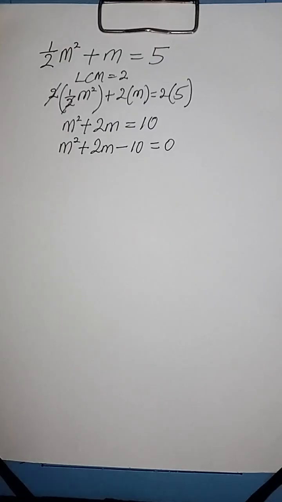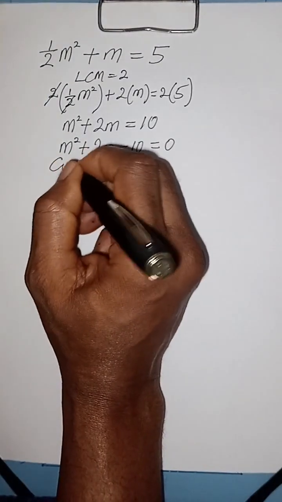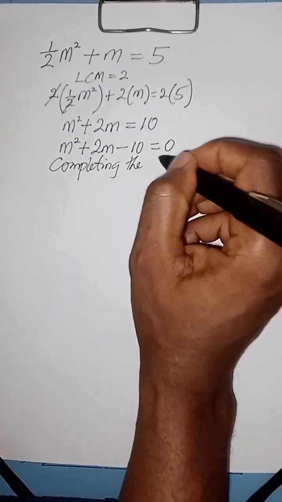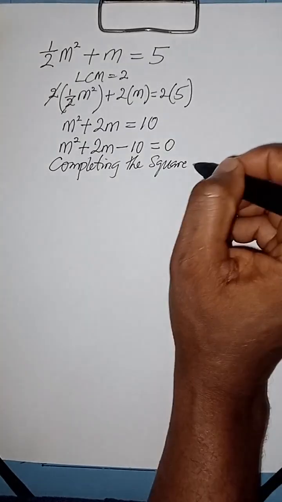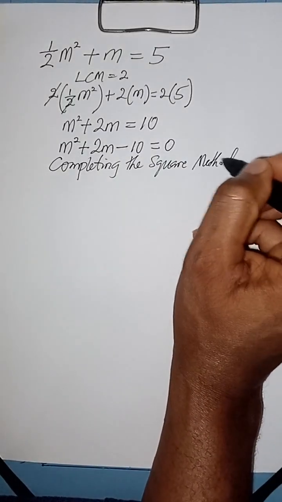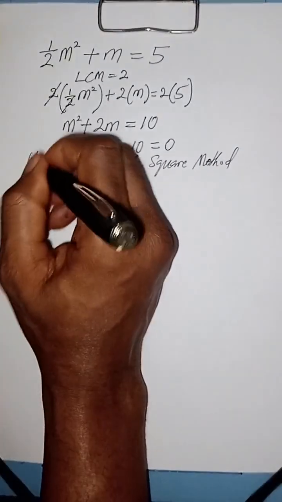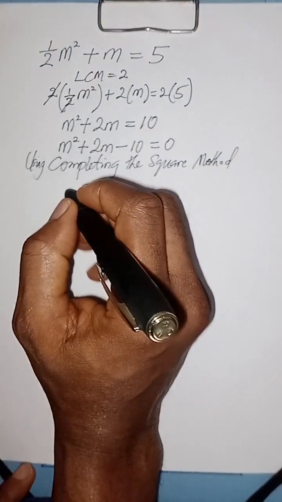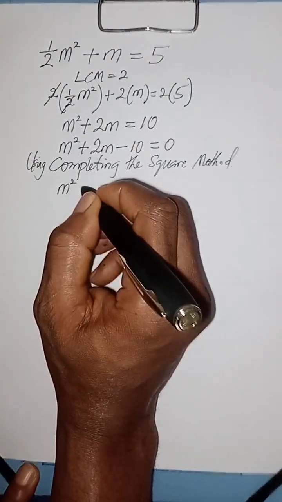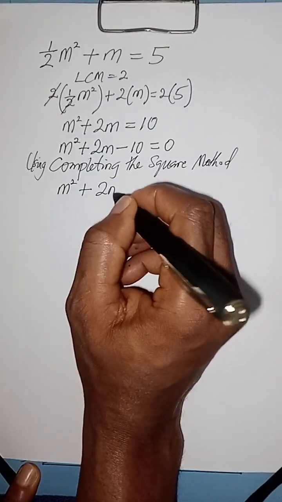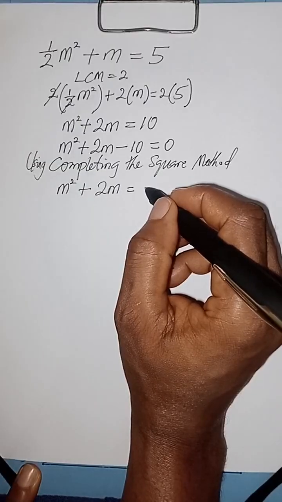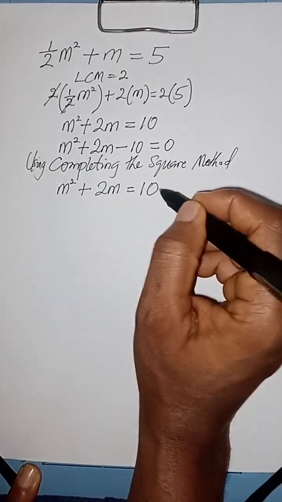So what do I do? I decide to use the completing the square method. Using the completing the square method, this is what I'm going to have: m squared plus 2m equal to, so let the minus 10 go back to its position, equal to 10.